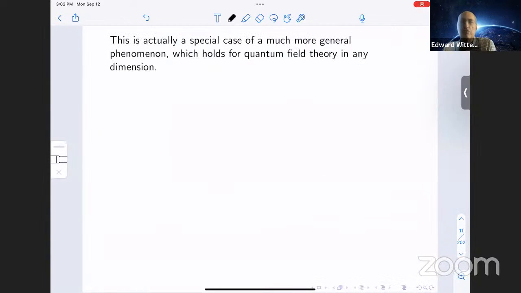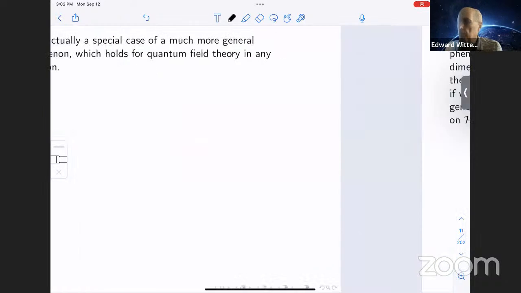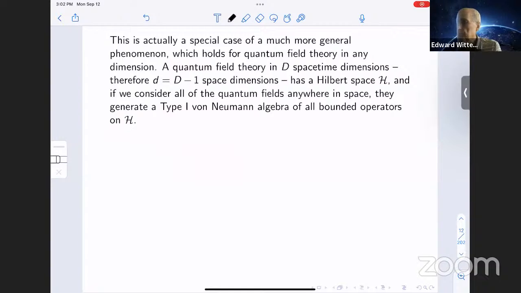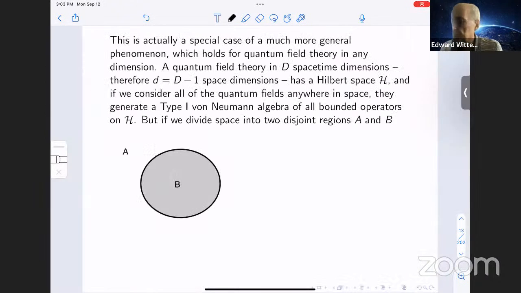This is a special case of something much more general that holds in quantum field theory in any dimension. If you're in capital D space-time dimensions, therefore little d equals capital D minus 1 space dimensions, a quantum field theory has a Hilbert space H, and all quantum fields anywhere in space generate the type 1 algebra of all bounded operators on this Hilbert space.